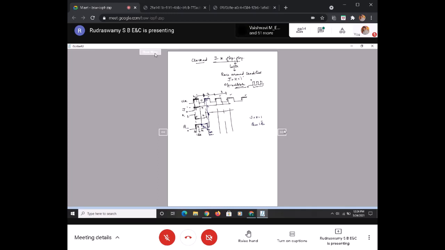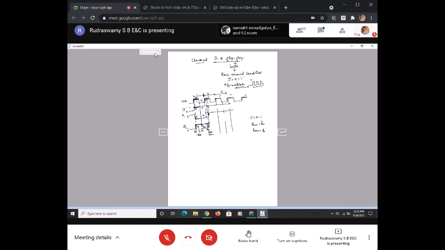At T2 plus delta, J and K are still 1, 1, so again Qn plus 1 should become Qn bar. From T2 to T2 plus delta it is 0; from T2 plus delta onwards it becomes 1 because it is the complement.